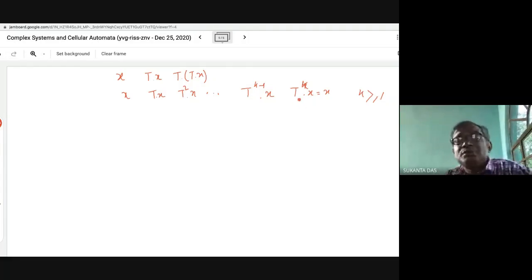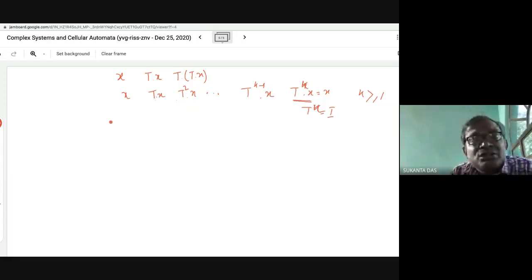So from this relation, it's very simple. From this I get that T to the power k is equivalent to I, the identity matrix. I am claiming here the set of operators. T is an operator, obviously a matrix, and T squared is another operator.